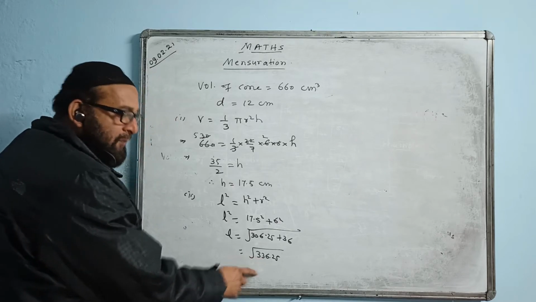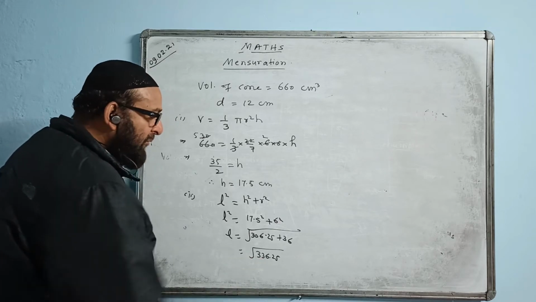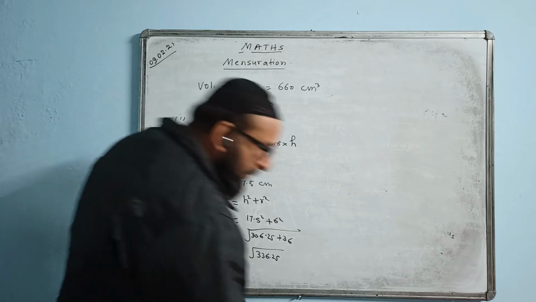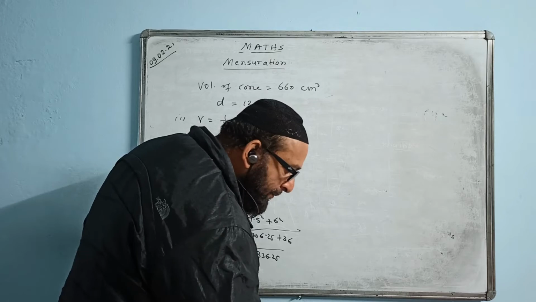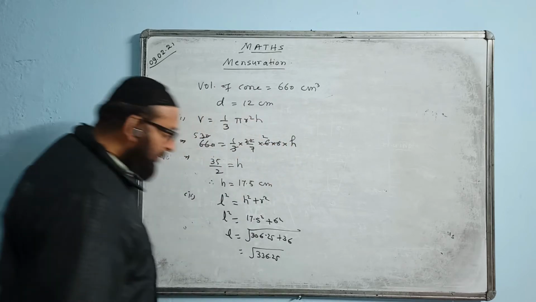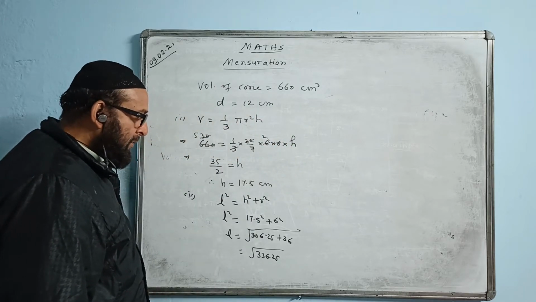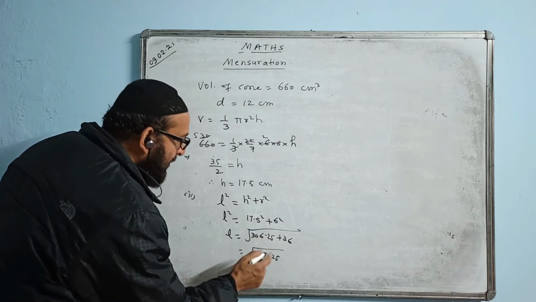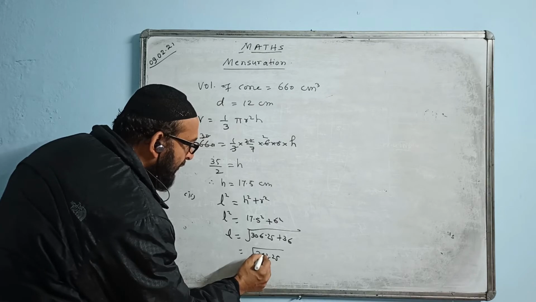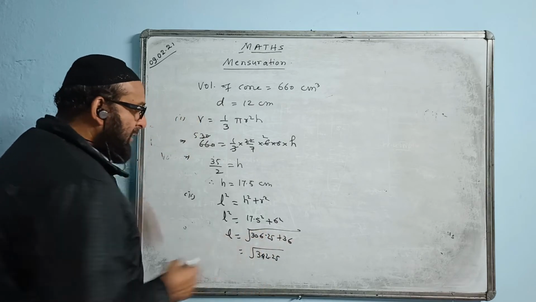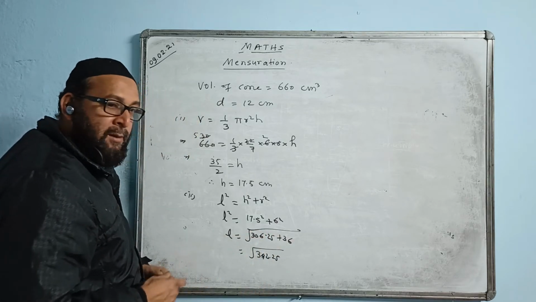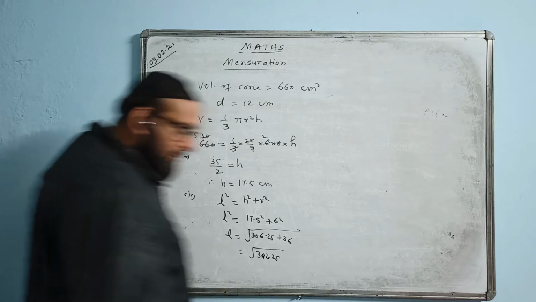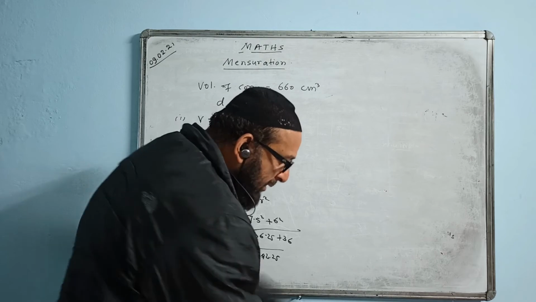Now you can find the root of this. Just see what is the answer coming. 336.25, no, there is a mistake. This will come 342.25. 36 and 342.25. Check what is the answer coming in the calculator, or see the answer in the book.